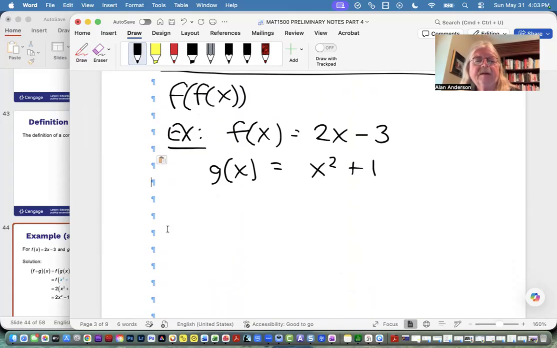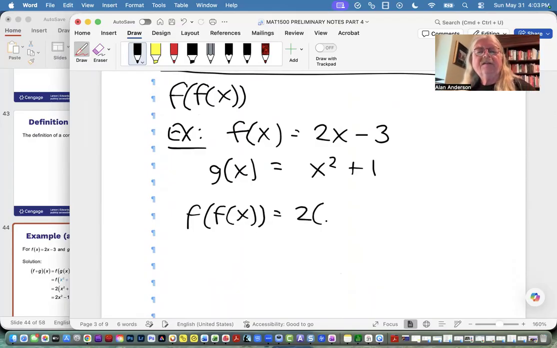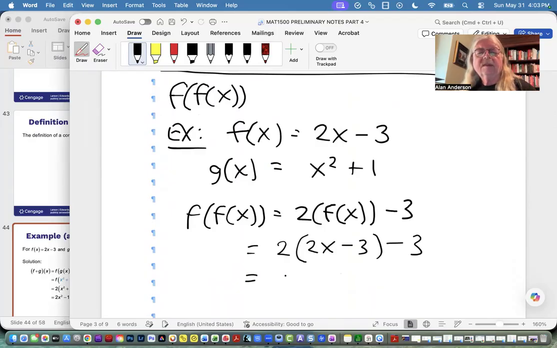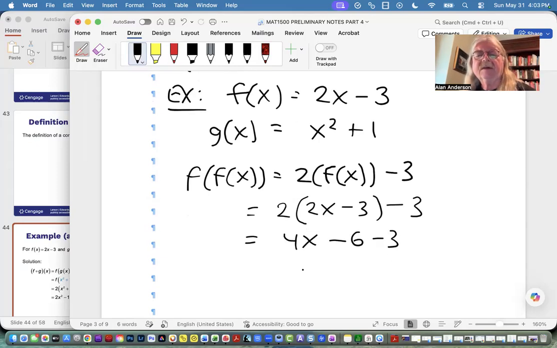So that means that f of f of x would equal 2 f of x minus 3, or 2 times 2x minus 3, minus 3, and that would leave us with 4x minus 9.